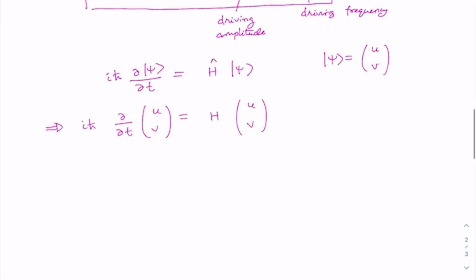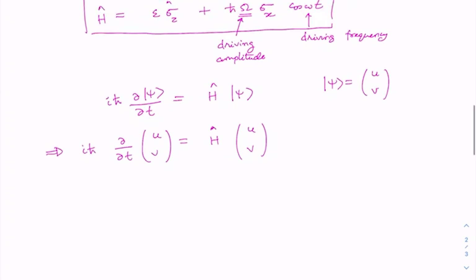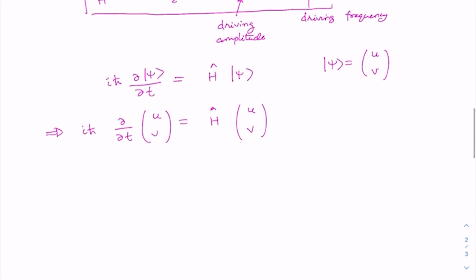These are operators, so please pardon me if I don't put the operator hat, but you should understand that I'm discussing quantum mechanics. So this Hamiltonian is an operator here. Now let us apply this Hamiltonian: epsilon sigma z plus h cross omega sigma x cos omega t.